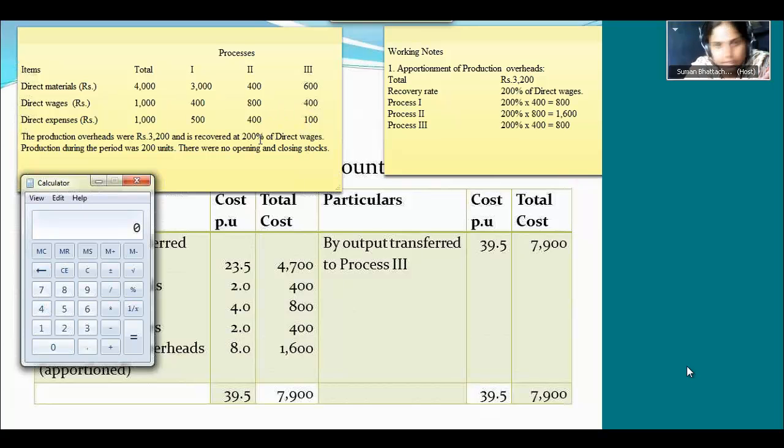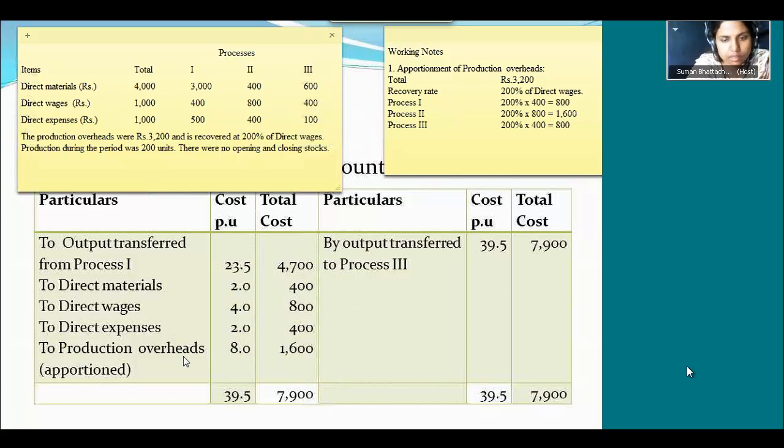So we have to find out 200% of 800. So it comes 1,600. So production overheads 1,600.